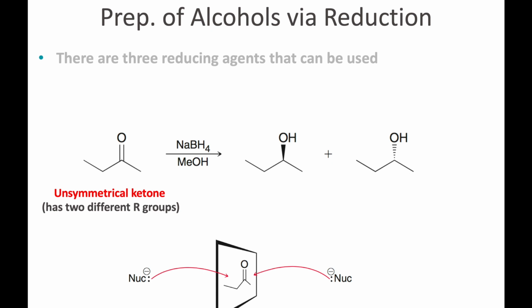Recall why that is. Remember that the carbonyl is trigonal planar. Because it is trigonal planar, the nucleophile, the hydride, can attack the carbon from both sides, from the left side or from the right side, giving the R or the S enantiomer as products. All right, so just keep that in mind when we talk about reduction of unsymmetrical ketones.